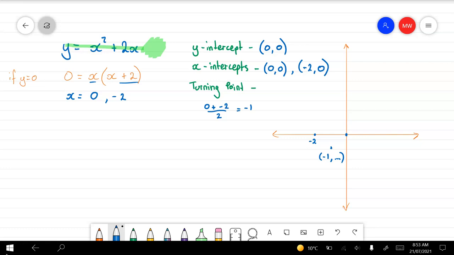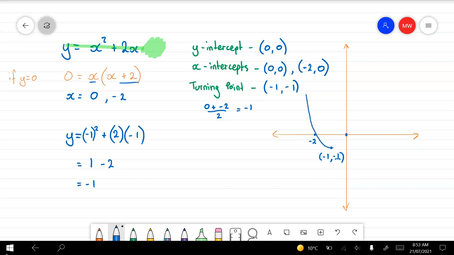So y equals minus 1 squared, and be careful of your calculator with that one, plus 2 times minus 1, and what you'll end up with is 1 minus 2. So this one also has a value of minus 1. So my turning point is at minus 1, minus 1.